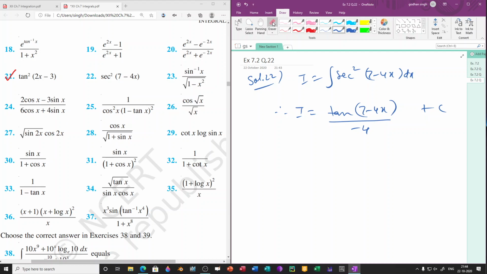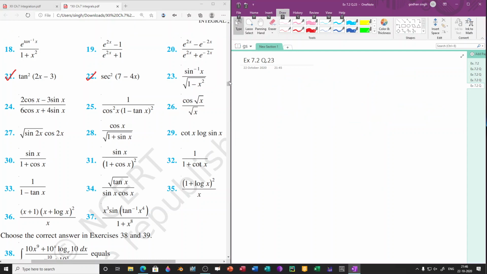So what we can do is bring this minus in the numerator. So this is our final answer. I equal to minus tan 7 minus 4x over 4 plus c. So this is the answer of question number 22.